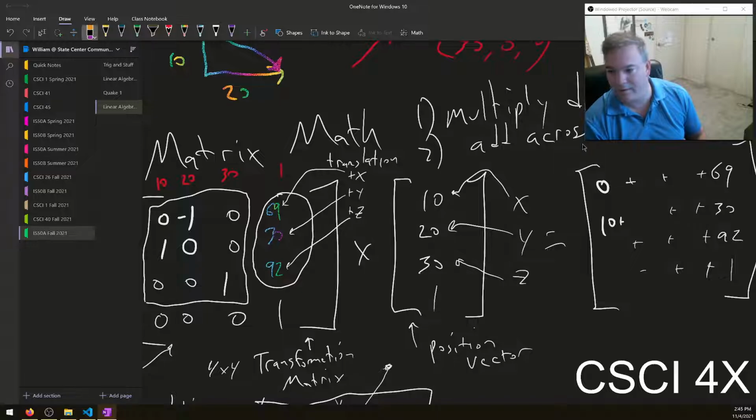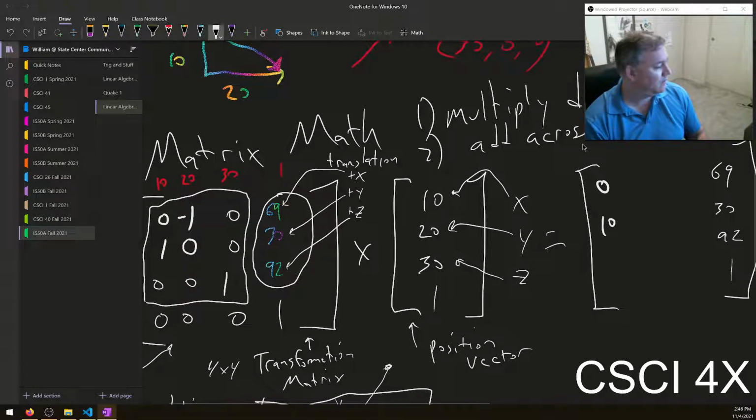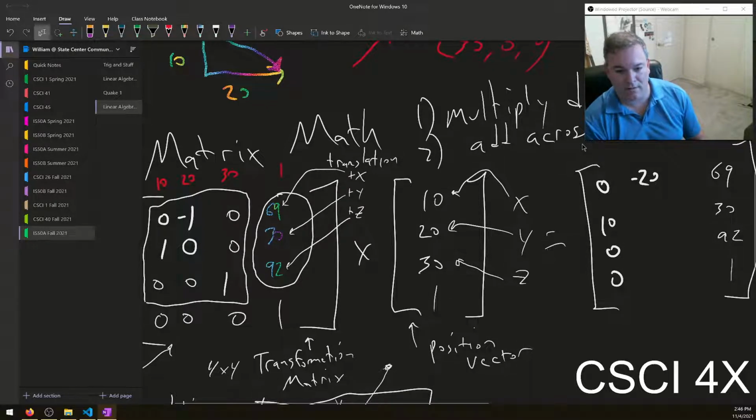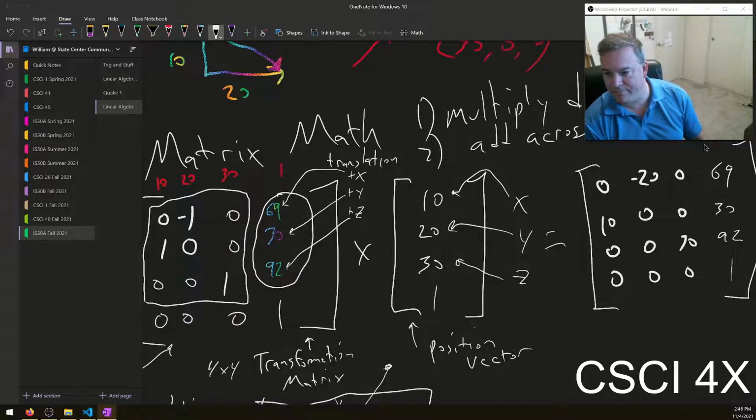I'll just erase them all. 0, 10, 0, 0. Neg 20. Is that neg 20? Yeah, neg 20. 0, 0, 0. 0, 0, 30, 0. We add them together.